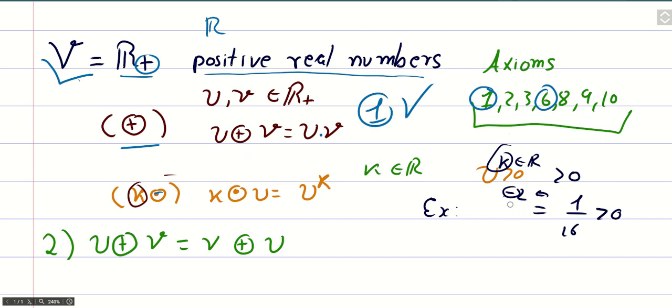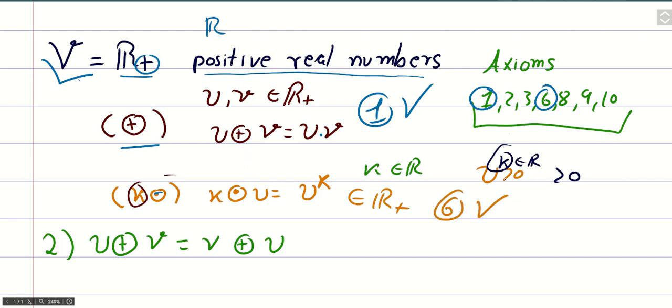So you again obtain a positive number. That means that the scalar multiplication in this space returns an element of the positive real numbers. Therefore, it lies in the same space, and the sixth axiom is also satisfied.